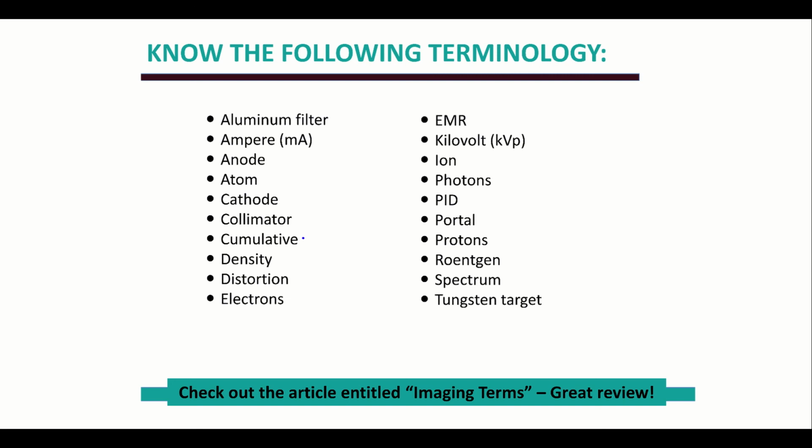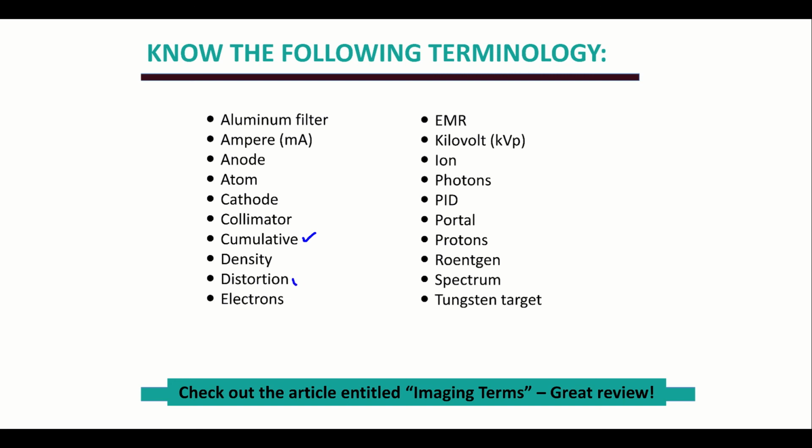I'm looking at a quick glance right here. I think the only two that I see we haven't mentioned are cumulative, which just refers to the fact that radiation that you receive in your body is cumulative. There's a cumulative effect of radiation until your body has a chance to recover. We're going to talk more about that in the next lecture, so I wouldn't worry about that right now.